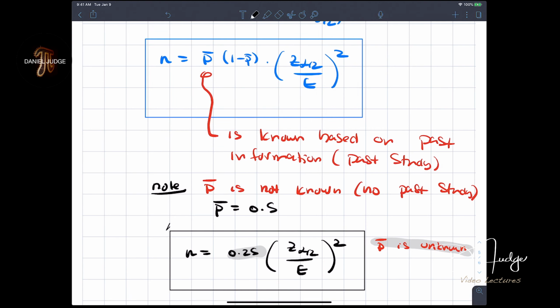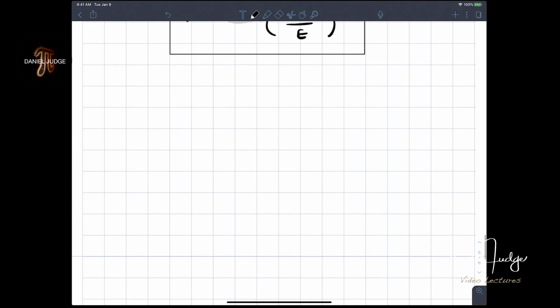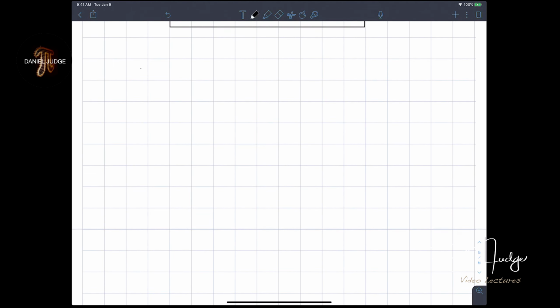So for example, we're going to have to estimate a proportion. They're going to start off by saying, estimate the sample size needed, and that's a minimum again, to estimate a true proportion.